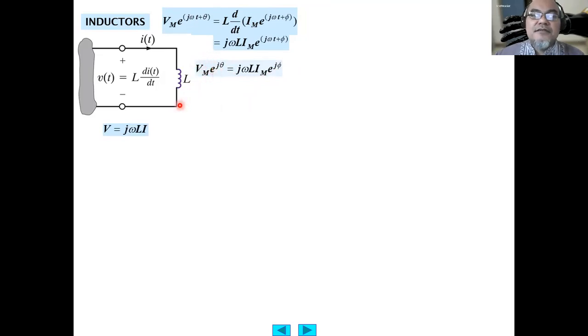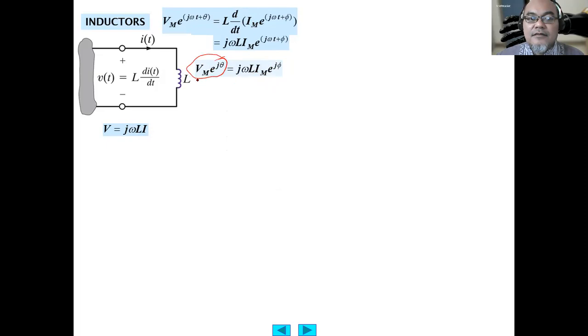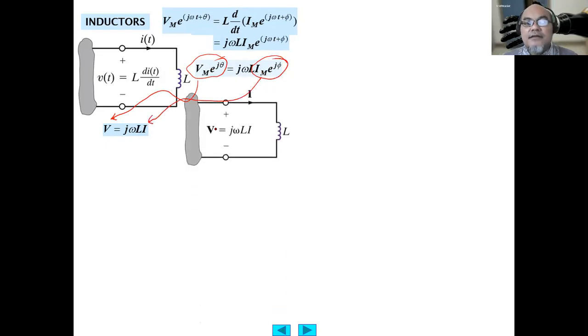The voltage equals j omega L I. The large V here equals Vm exponent j theta, and I here equals Im exponent j phi. So V, in phasor form, equals j omega L I.